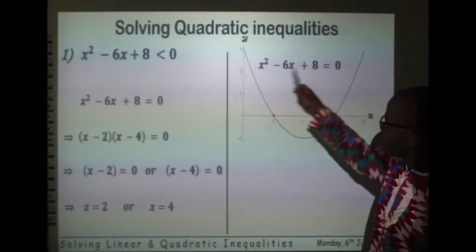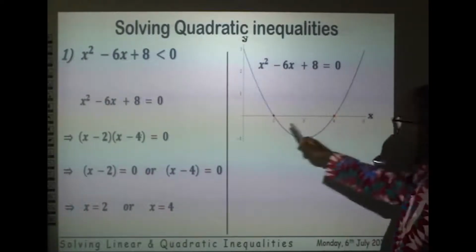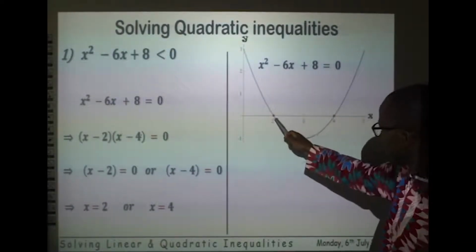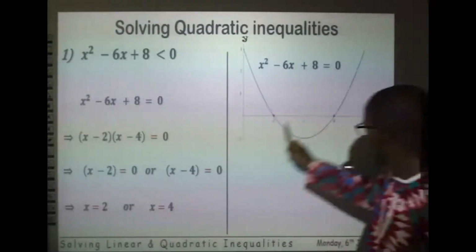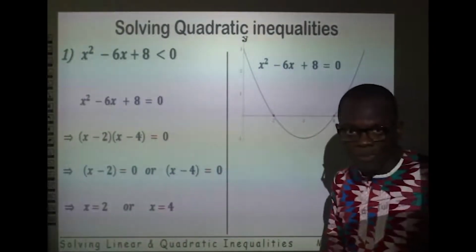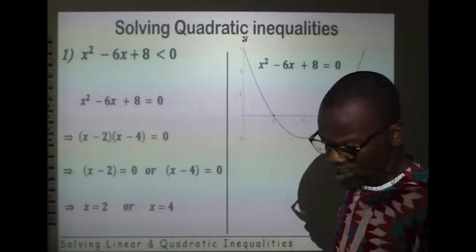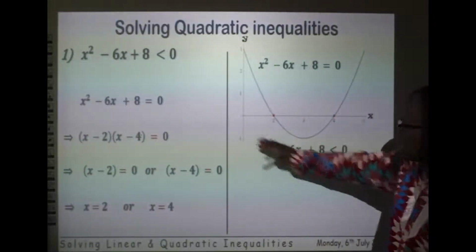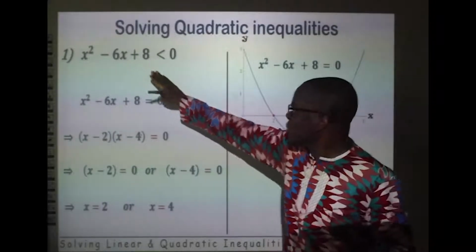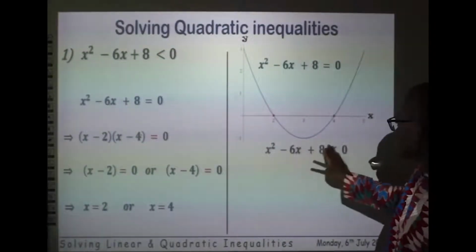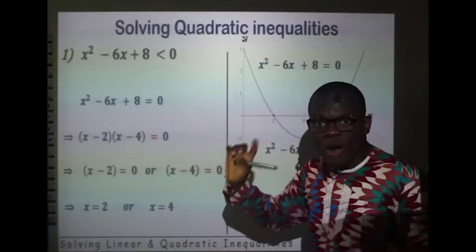So the parabola cuts the x-axis at these 2 points, where x is 2 and where x is 4. Alright, so now how does this apply to the inequality? This is the original question now. x squared minus 6x plus 8 is less than 0.